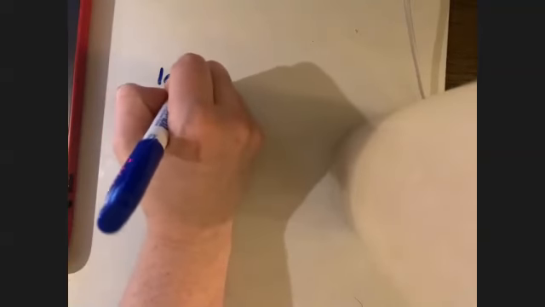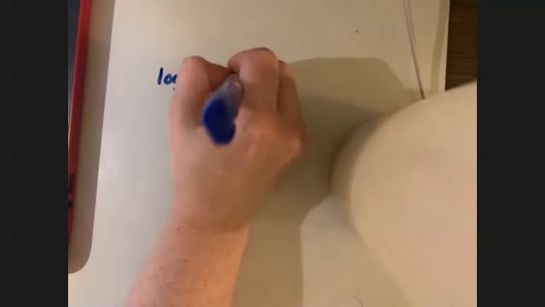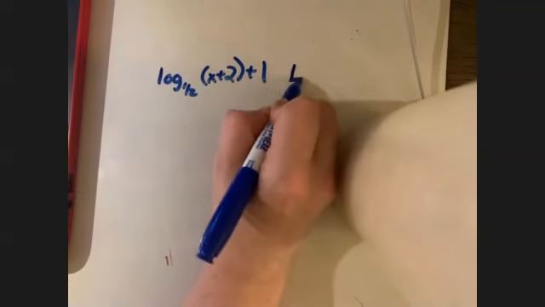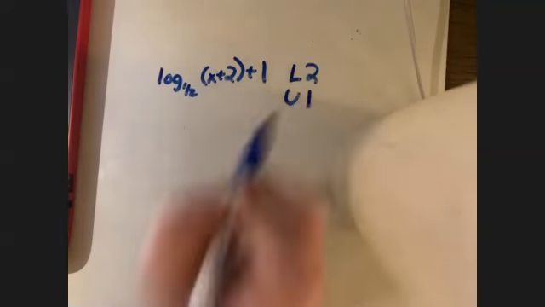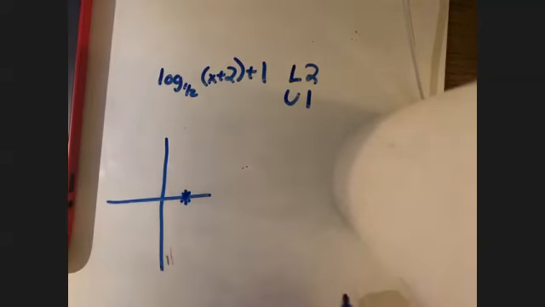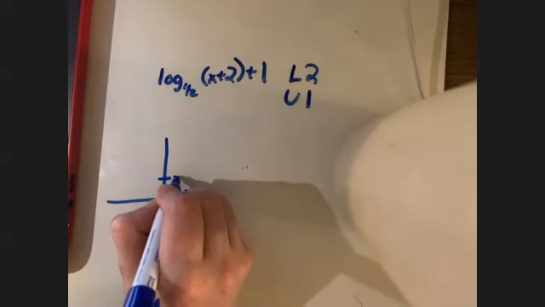Now, let's look at another one. So now we've got log base 1/2 of (x plus 2) plus 1. Notice they put the set of parentheses in here, so this goes left 2, up 1. So here we go. Let's get our grid space going. So here's my spot at (1, 0). And then I'm going to be at (1/2, 1).